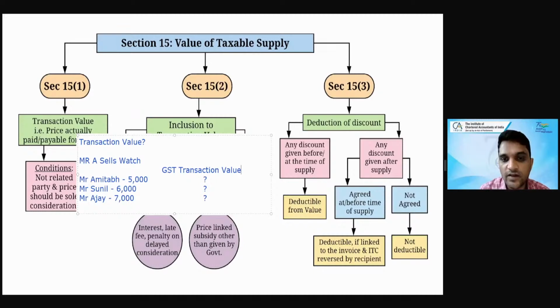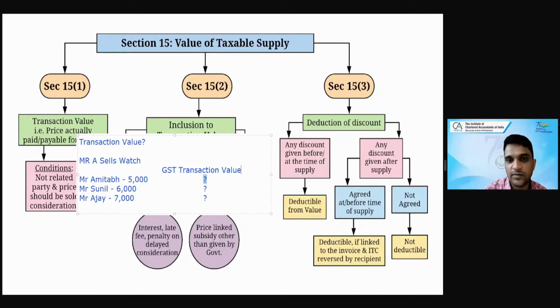Correct. Everybody has given the correct answer. So you already know this chapter very well. If they are not related, then all the values are the value of supply. Very good. So for the purpose of GST, these are unrelated parties.